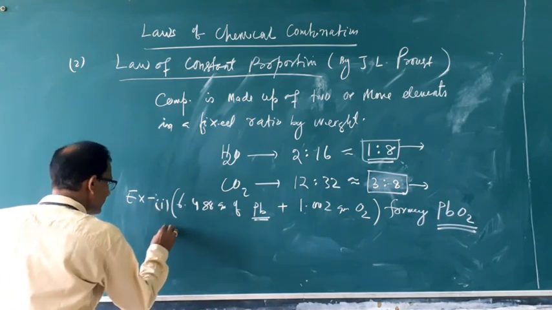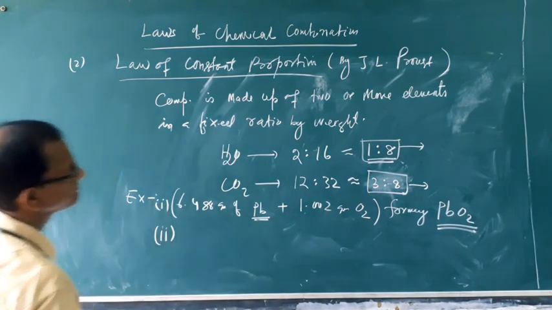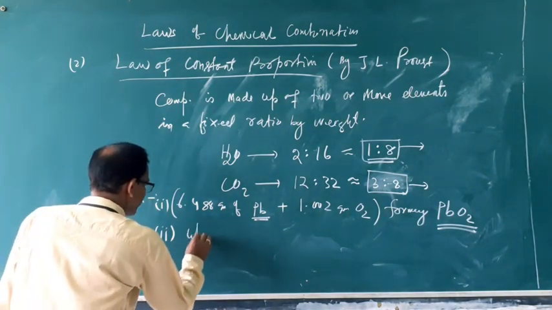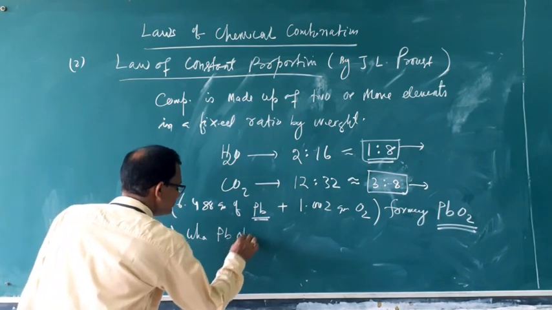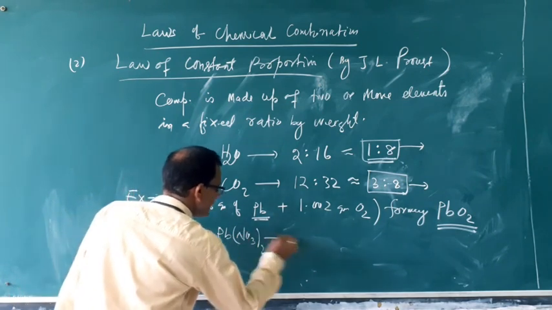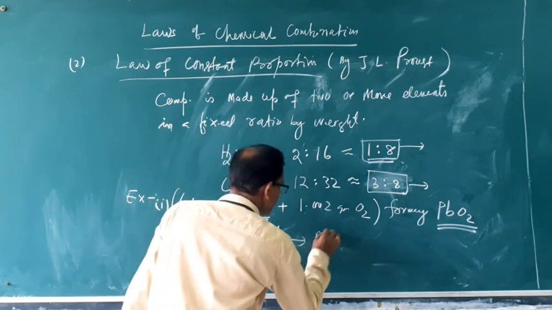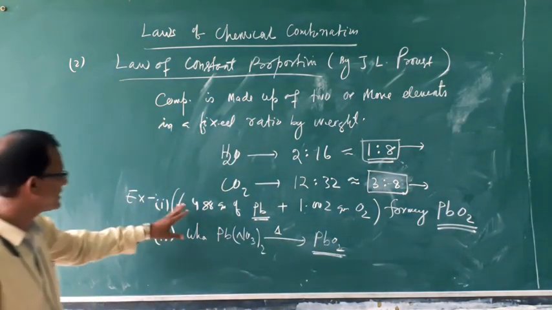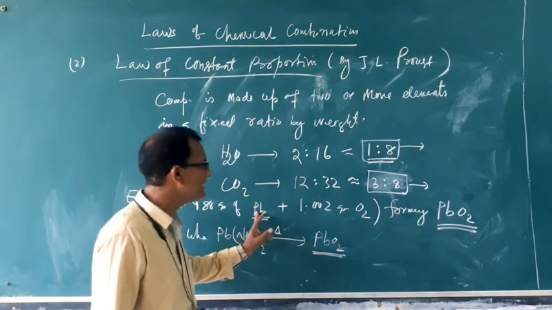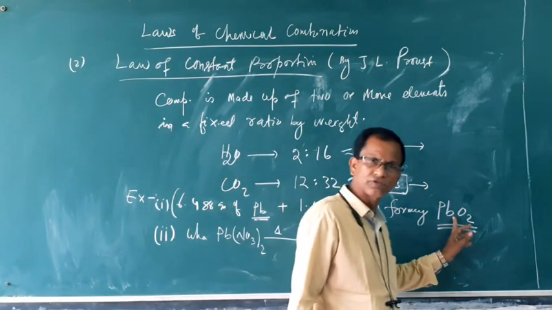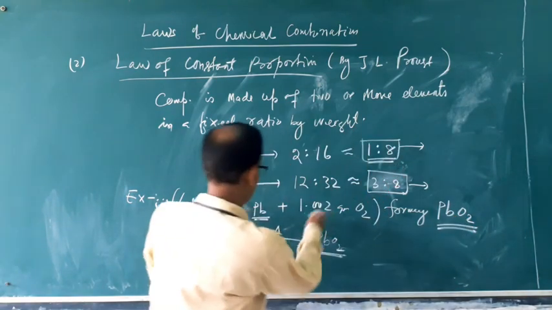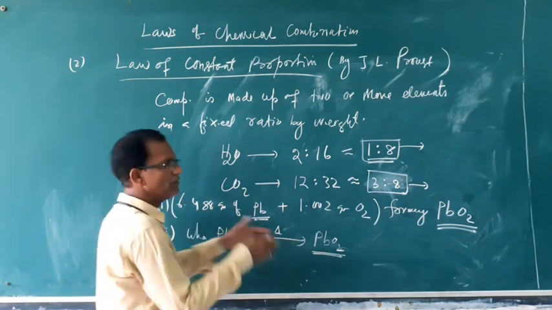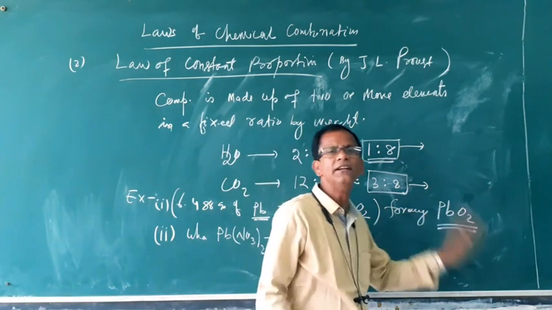In the second experiment, when lead nitrate is heated, it gives lead peroxide. In the first experiment, there is a combination of lead and oxygen forming lead peroxide by heating. This much lead combined with this much oxygen forming lead oxide.